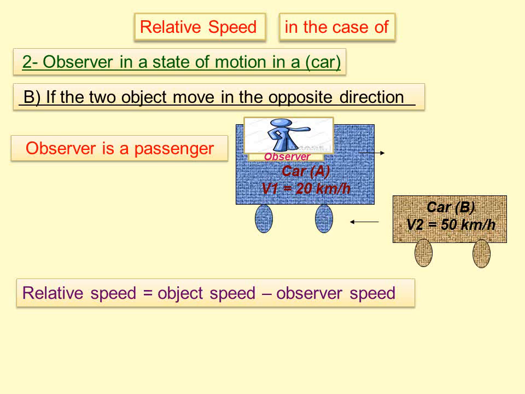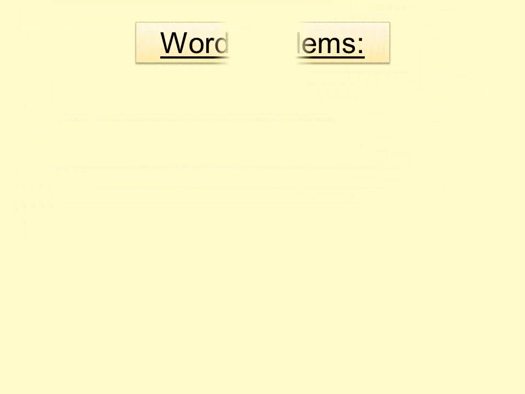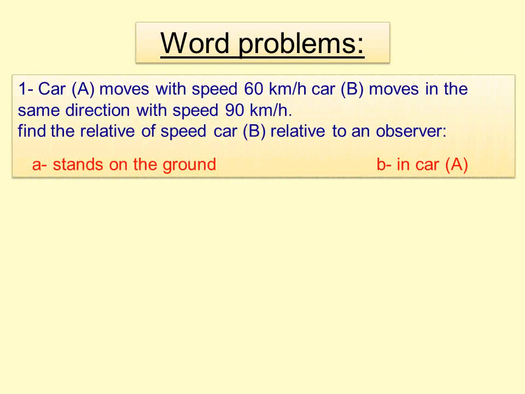So we have the object speed, car B, 50, minus the observer speed, car A, but as it is in the opposite direction, minus becomes plus. So relative speed equals V2 plus V1, so 50 plus 20 equals 70 kilometers per hour.